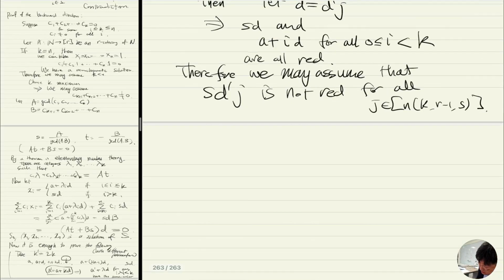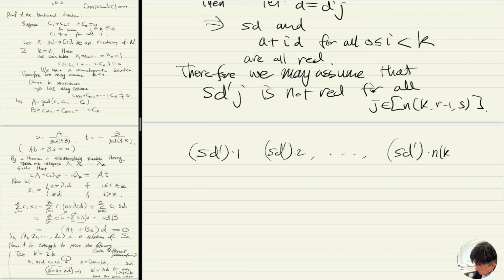Now that's interesting. So you have s d prime times 1, s d prime times 2, and s d prime times n of k r minus 1 s, right? Now let's ignore all others. You map this to 1, you map this to 2, you map this to n of k r minus 1 s, right?